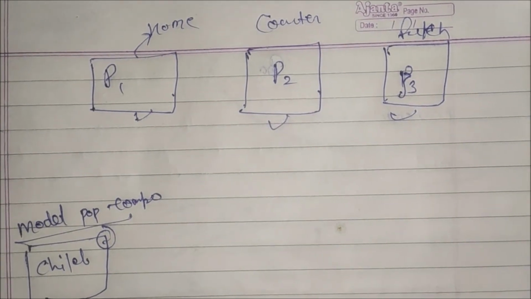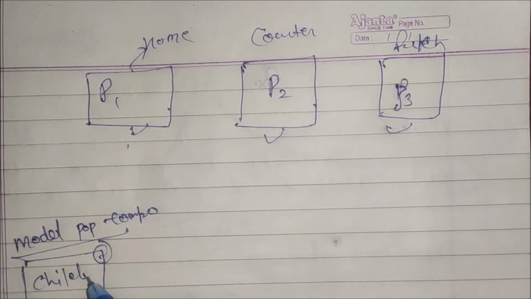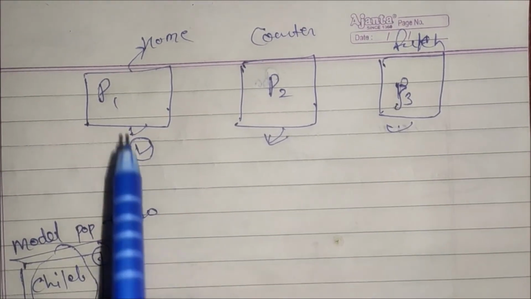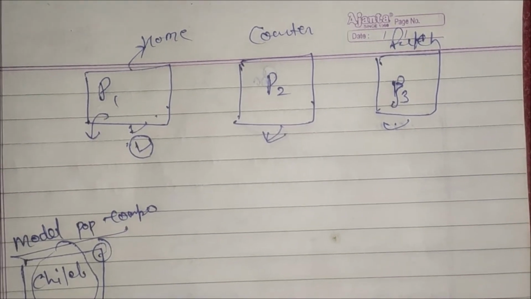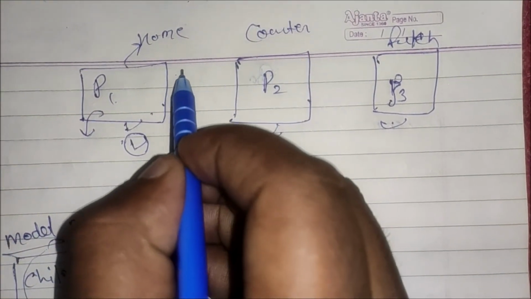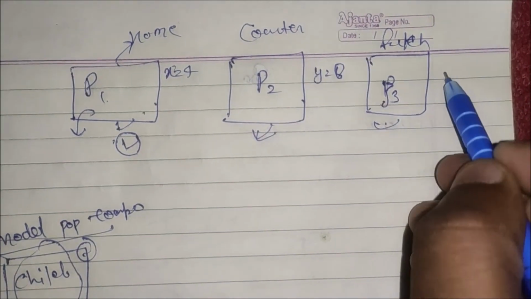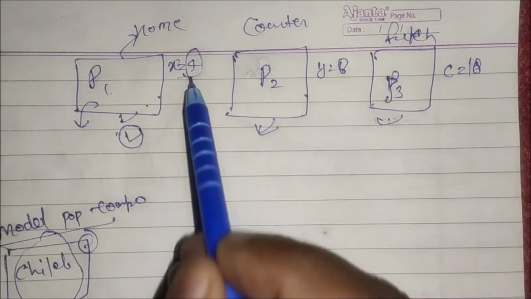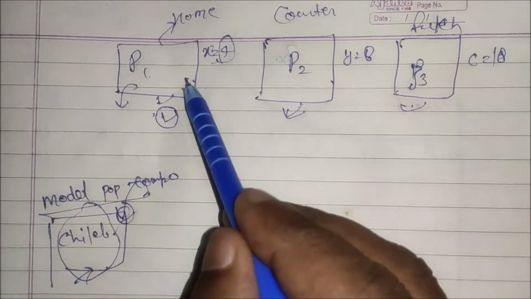This process I have already done. But the next question raised here: when I open this generic component from the P1, P2 and P3 components, how do we share the P1 component's value with the child component? Suppose P1 has x equal to 4, P2 has y equal to 8, and c is equal to 18, and I want to set the value 4 on this model pop-up component when I call it from P1.